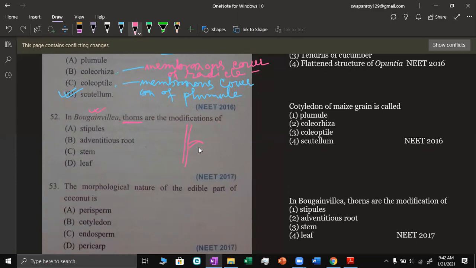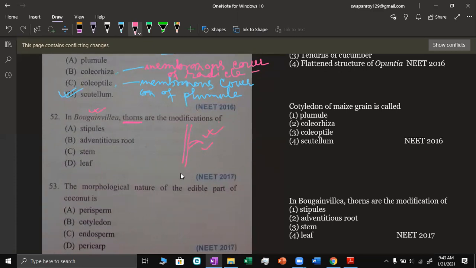They function like claws, helping in holding the support and climbing very big trees.